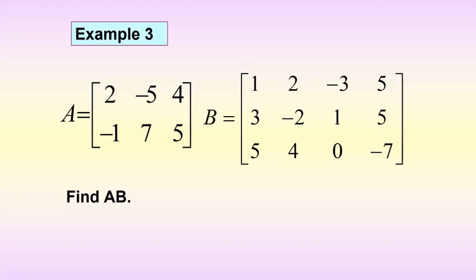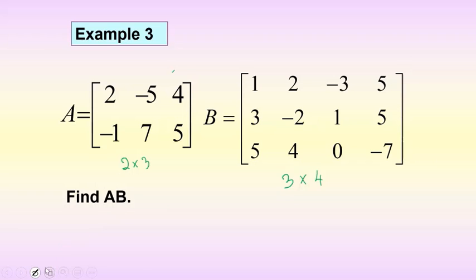Okay, example 3. Let's check the order first. For matrix A, we have 2 rows and 3 columns. For B, we have 3 rows and 4 columns.